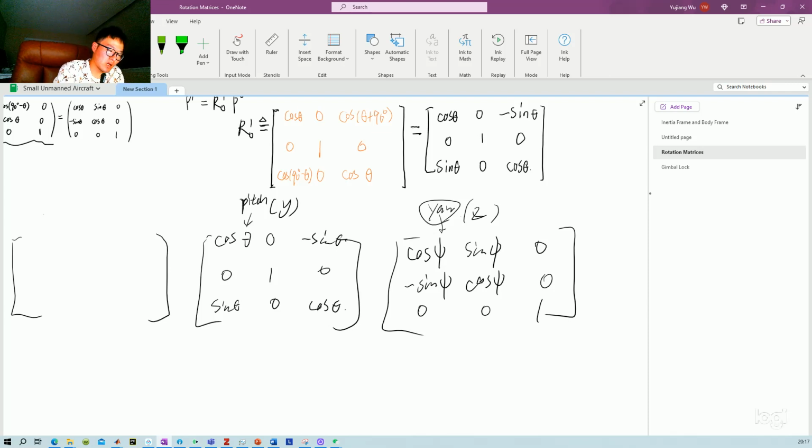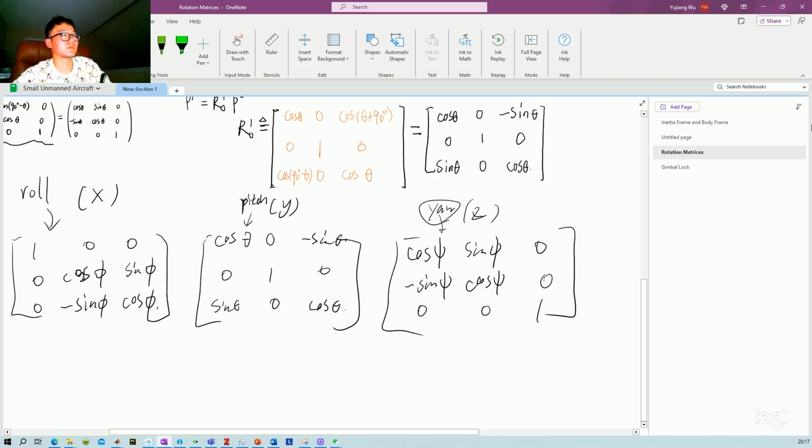And then the third rotation matrix is rotating against x, and it's your roll angle, defined as 1, 0, 0, then 0, cosine phi, sine phi, and 0, negative sine phi, cosine phi.